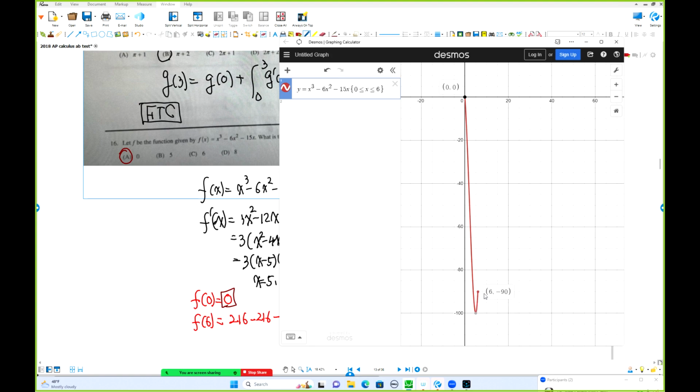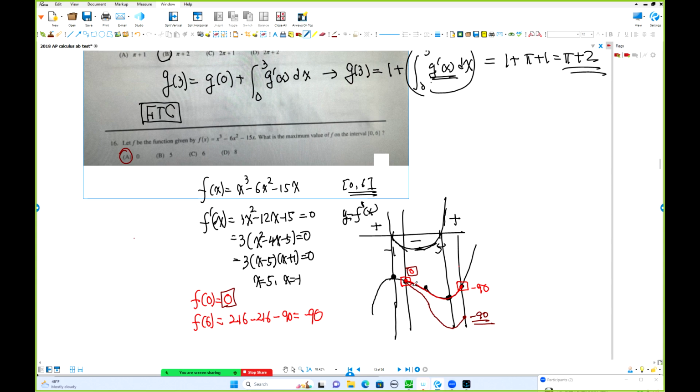But this is negative 90 when x equals 6. So where is the highest point? The maximum is 0, right? That's the highest point. Are you okay with this? All right. Going all the way down, a little up, but still this is the highest point. The maximum is 0, okay? That is the answer.